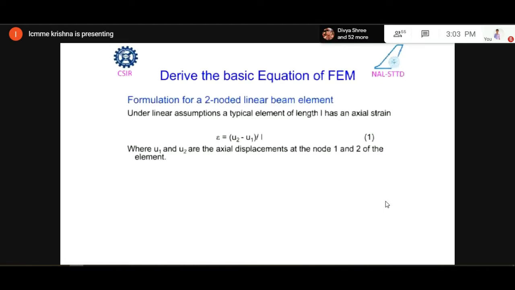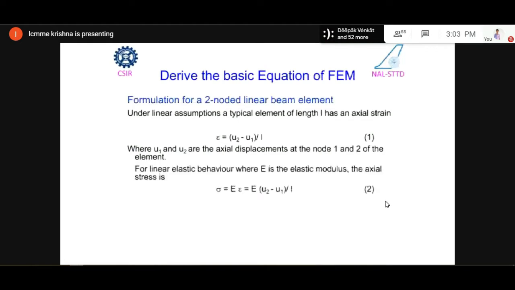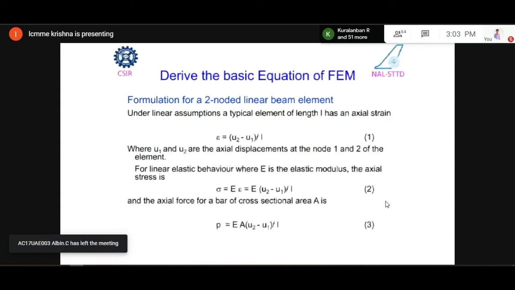So that is equation number one. In number two, we look at linear elasticity. We know stress is directly proportional to strain. We substitute the strain formula here, so the change in length by original length multiplied by Young's modulus gives us the stress.